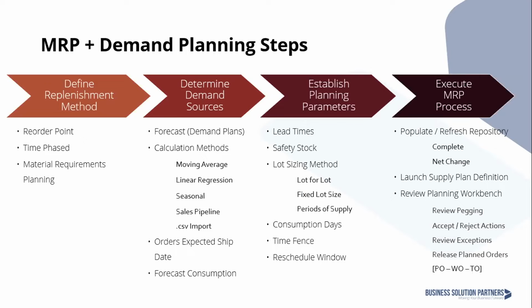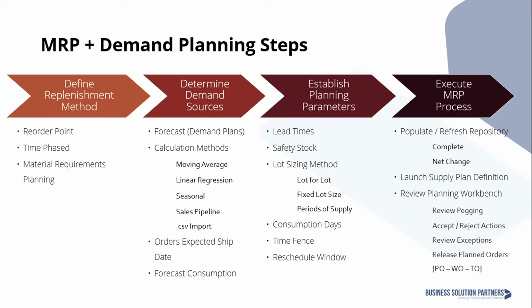Once you have the demand sources, you can establish how you're going to supply for those demands. So you can establish the planning parameters: lead time, safety stocks, lot sizing, consumption days, reschedule window, and time fence. After that, you can run through your MRP planning, and I'm going to show you how NetSuite MRP goes through the refresh.